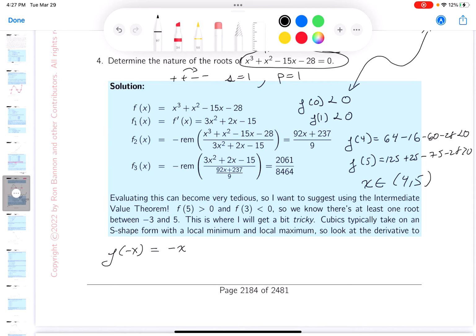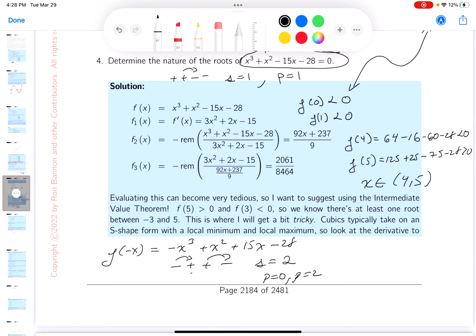Negative x cubed plus x squared plus 15x minus 28. So you get minus, plus, plus, minus. You get 1 sign change there and 1 here, so s equals 2. What does it mean? The number of roots could be either 0 or 2.